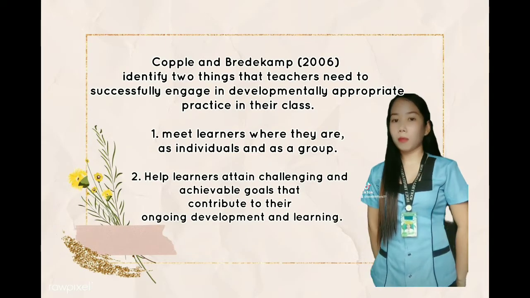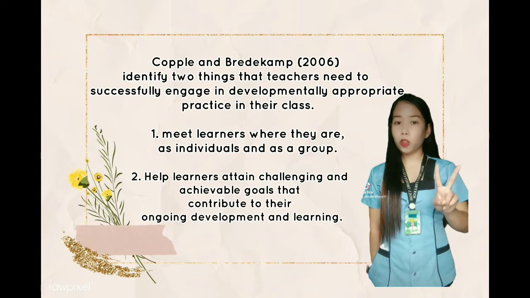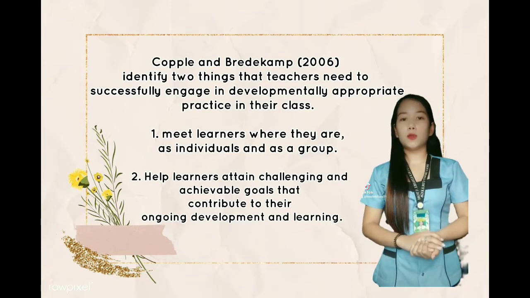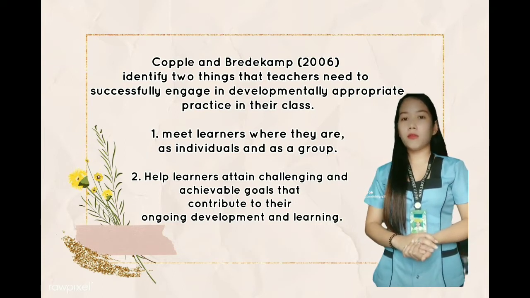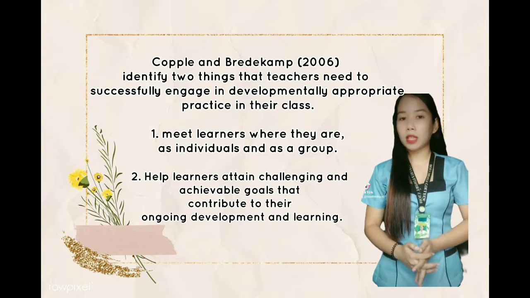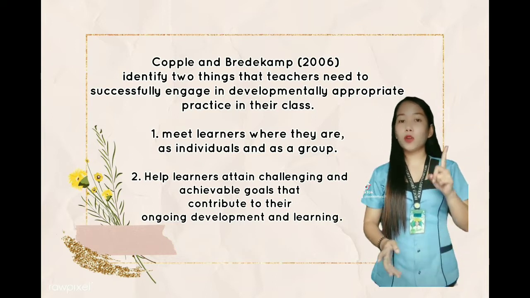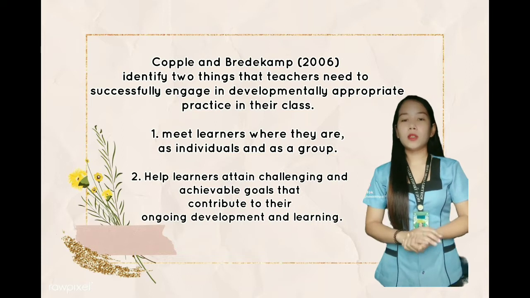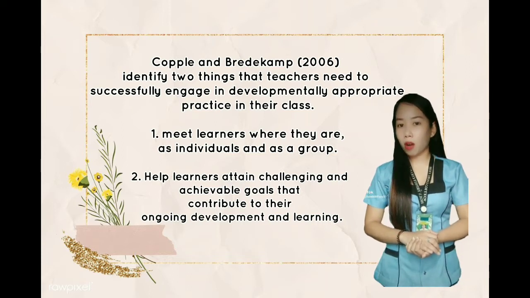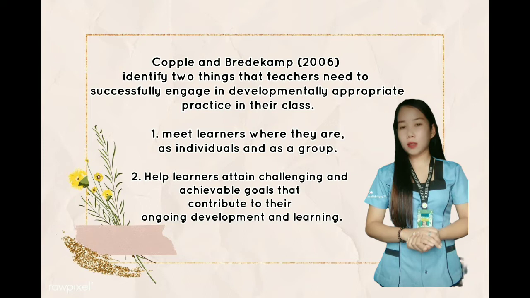Copple and Bredekamp, 2006, identified two things that teachers need to successfully engage in developmentally appropriate practice in their class. The first one, teachers should meet learners where they are as an individual and as a group.